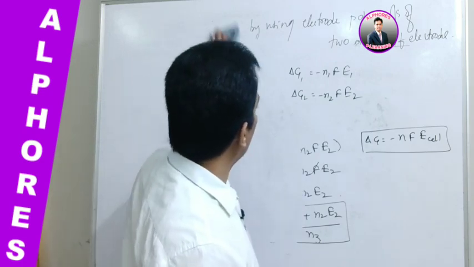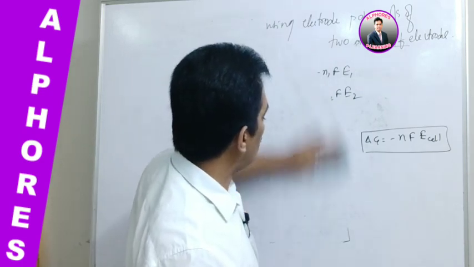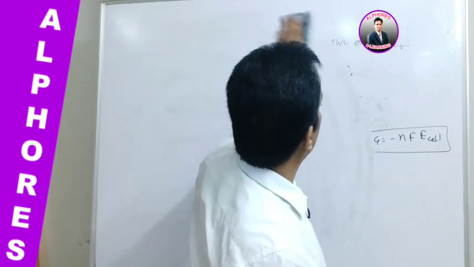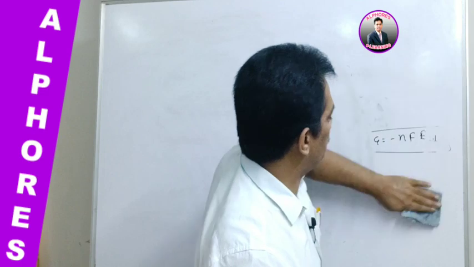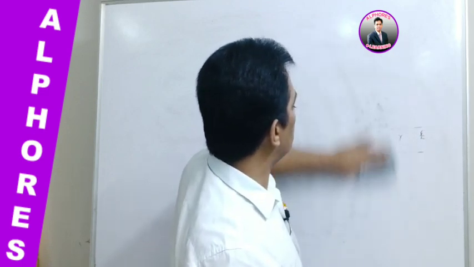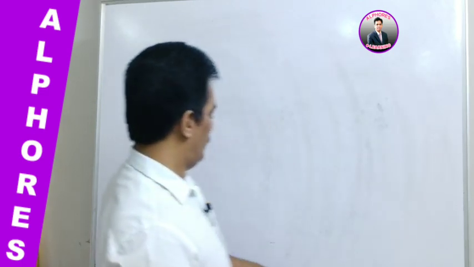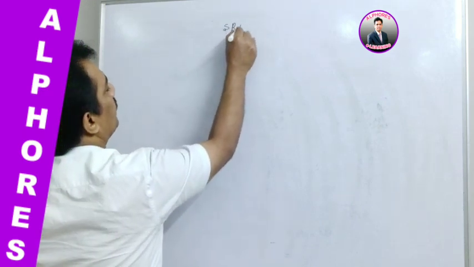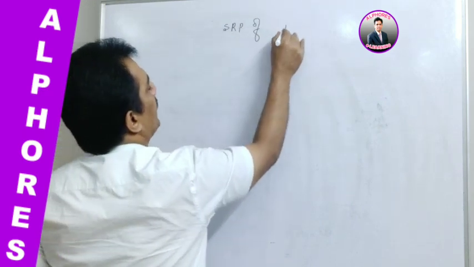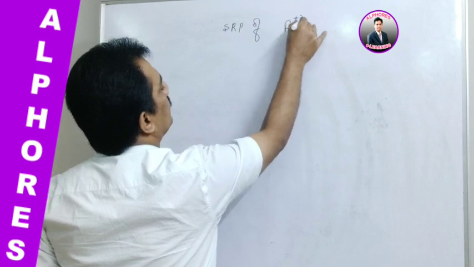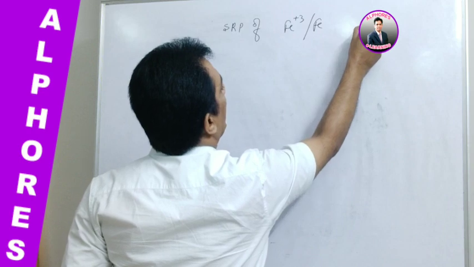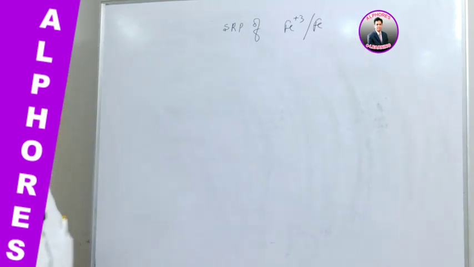Iron exhibits two stable oxidation states, Fe plus 3 and Fe plus 2. If they provide the data like this, the SRP of Fe plus 3 to Fe is given as x1, for example.